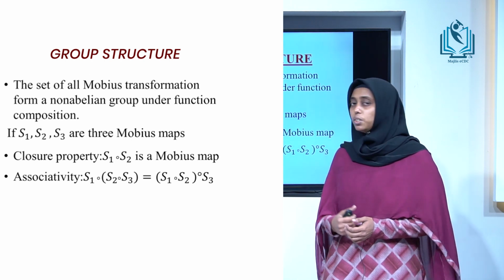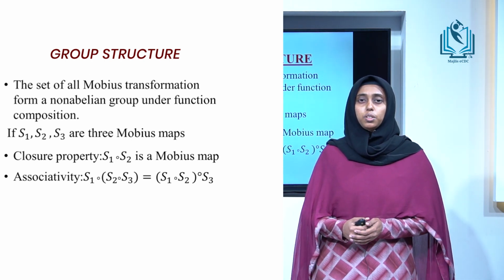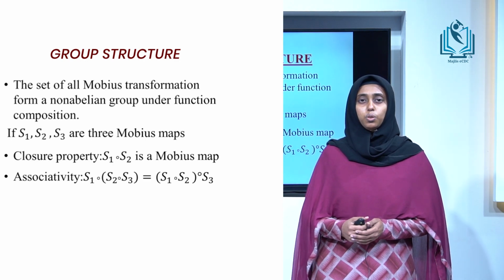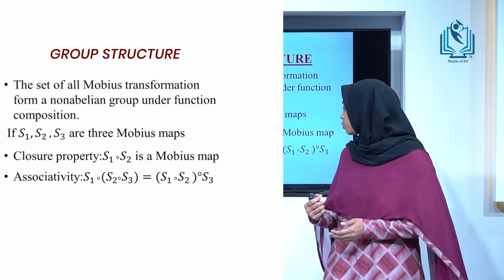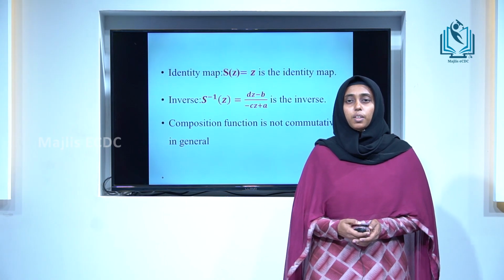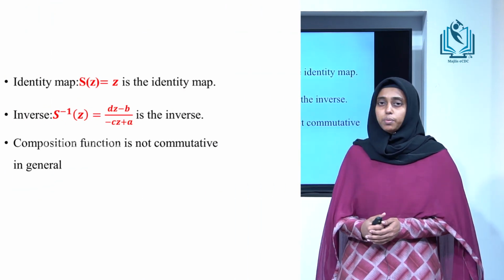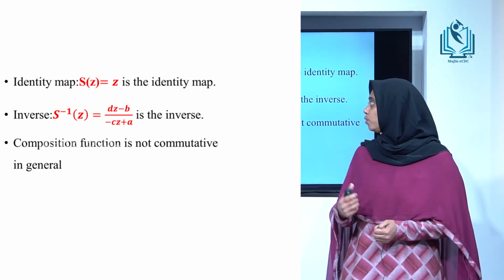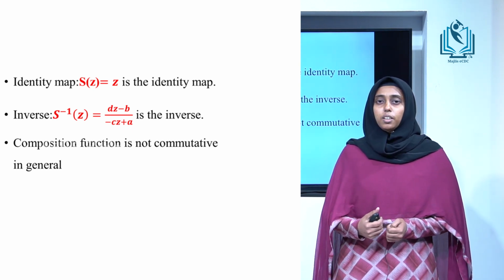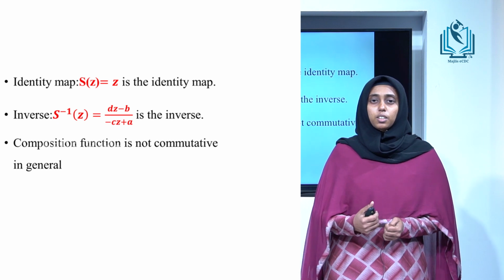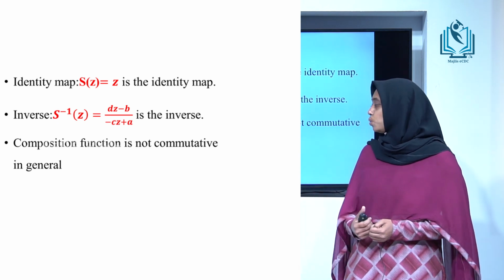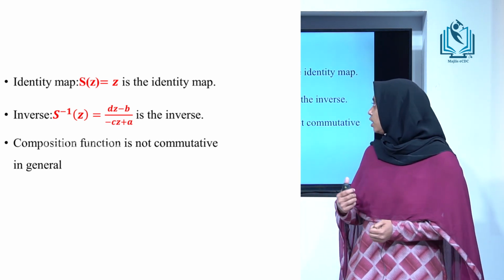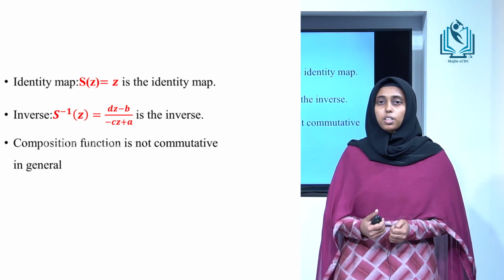Second one is associativity: S1 composition S2 composition S3 equal to S1 composition S2 composition S3. And identity map, S of z equal to z is the identity map in the case of Mobius transformation, and the inverse we already discussed. S inverse of z equal to dz minus b divided by minus cz plus a is the inverse.